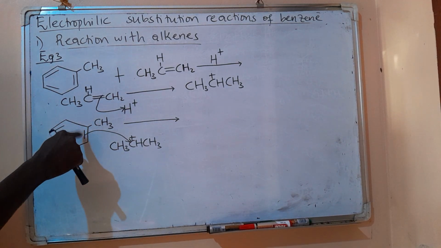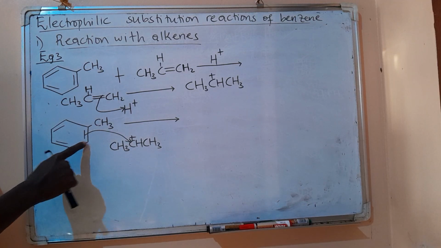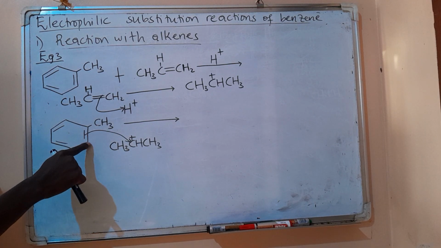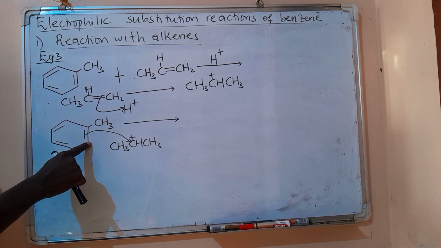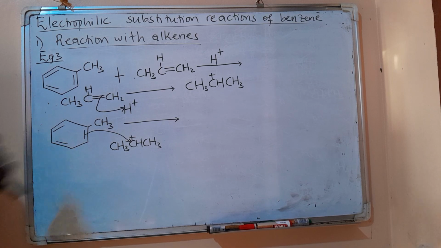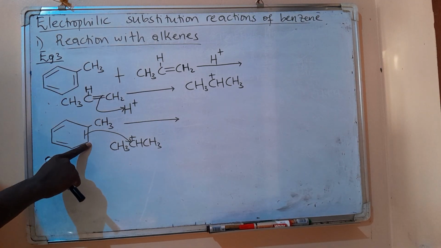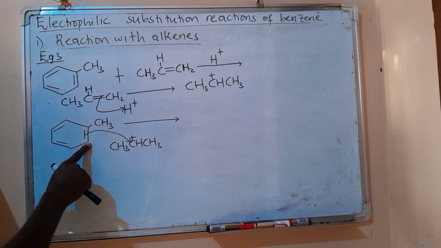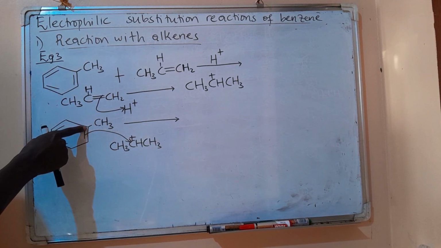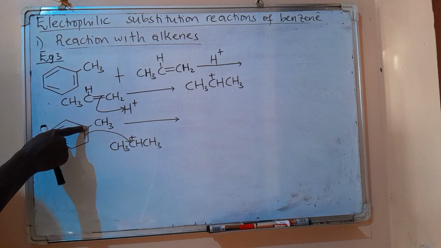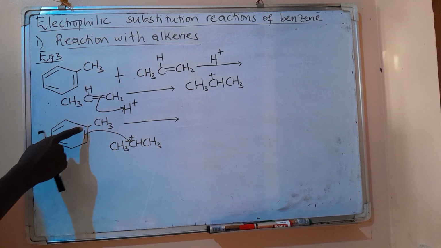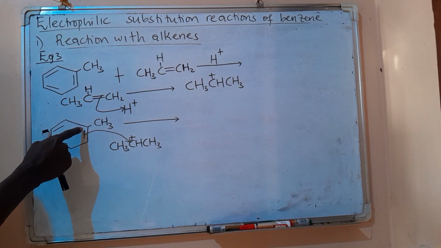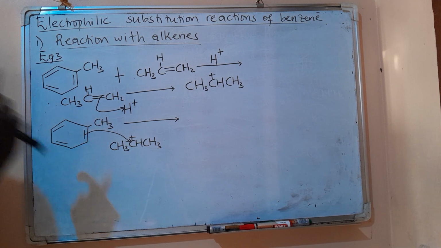1, 2, 3, 4. However, the carbon here has 1, 2, 3, and the fourth bond is bonding to hydrogen. So this carbon has more hydrogens as compared to the carbon here, because this carbon at this corner has no hydrogen. Why am I saying it has no hydrogens? It has a double bond here, those are 2 bonds.